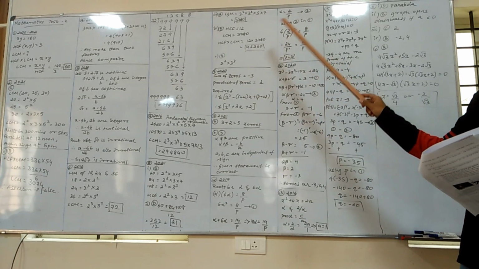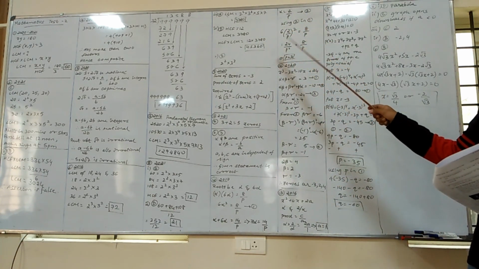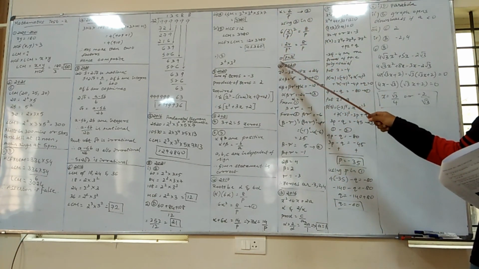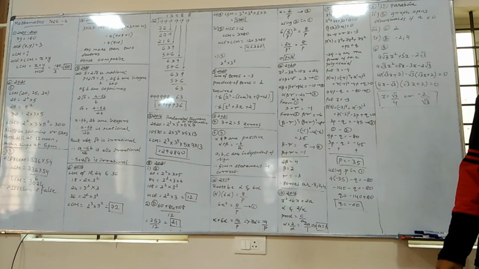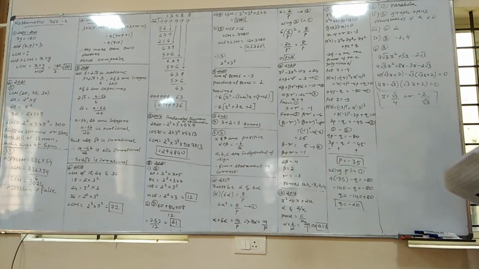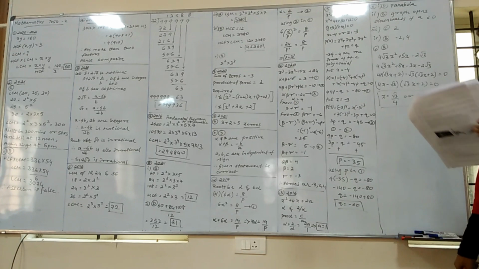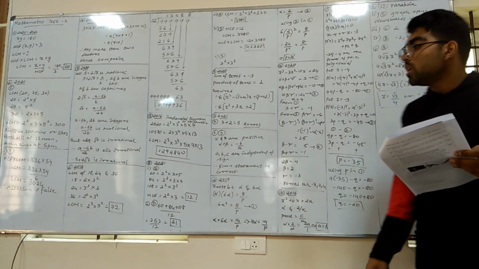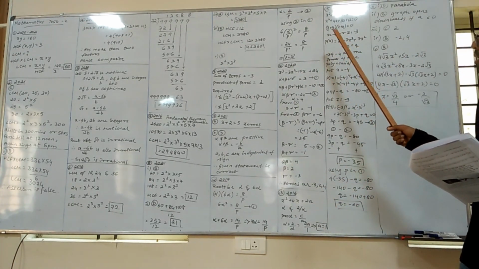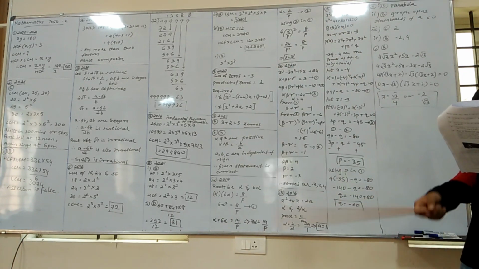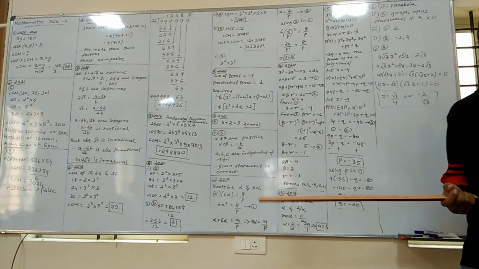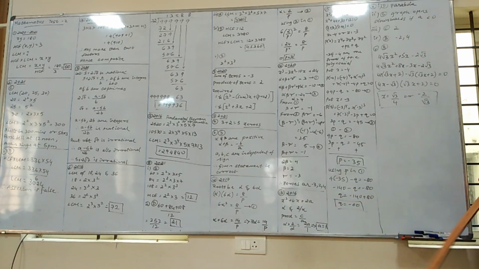On substituting and simplifying, p is equal to 3. You got the value. So this was for 2 marks. The marking scheme has been shared, I guess. Right, it was shared.